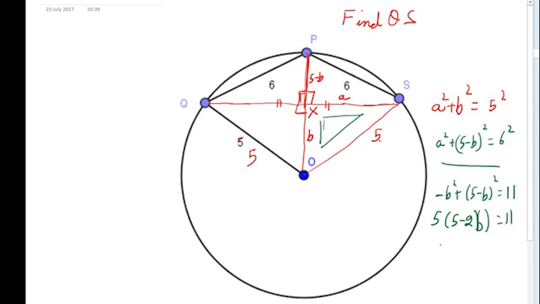And hence from here you can solve for 2B. 5 minus 2B will be 11 by 5, or 25 minus 11, whatever it comes to, I think it will be 14 by 5. And then B will be 14 by 10, 1.4. So once you get B, you can also get A, or you can solve directly for A, and then you will get 2A, which will be the length of QS.